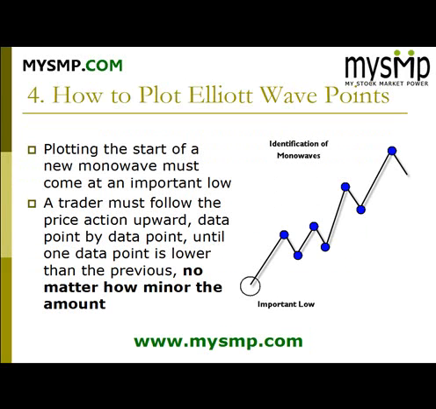Okay, the one key point for how to plot Elliott wave charts is that you start the count from an important low. It does not necessarily mean the price low. It just means the starting point of a new trend or an impulse pattern.